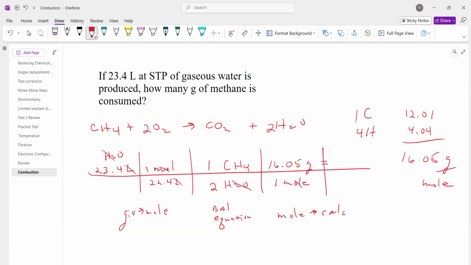Remember, multiply everything on the top, divide by everything on the bottom. Okay, we okay with this?